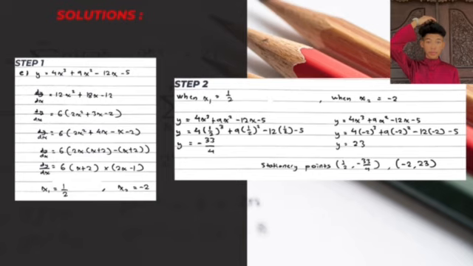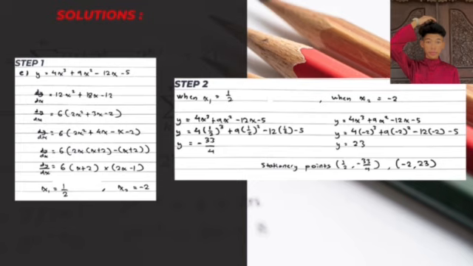And then dy over dx equals 6 open bracket 2x open bracket x plus 2 close bracket minus open bracket x plus 2 close bracket close bracket. And then dy over dx equals 6 open bracket x plus 2 close bracket multiply open bracket 2x minus 1 close bracket, and then we got the answer x1 equals 1 over 2 and x2 equals negative 2.